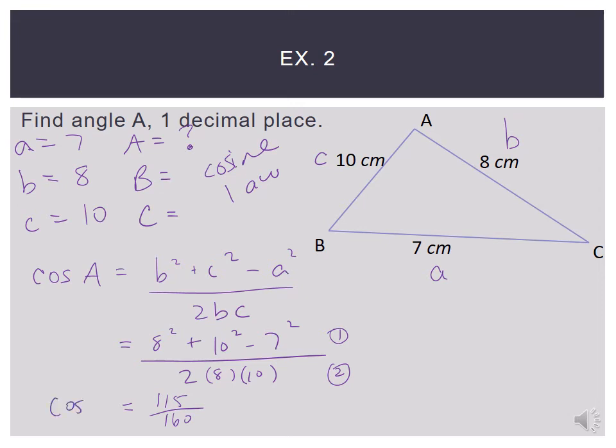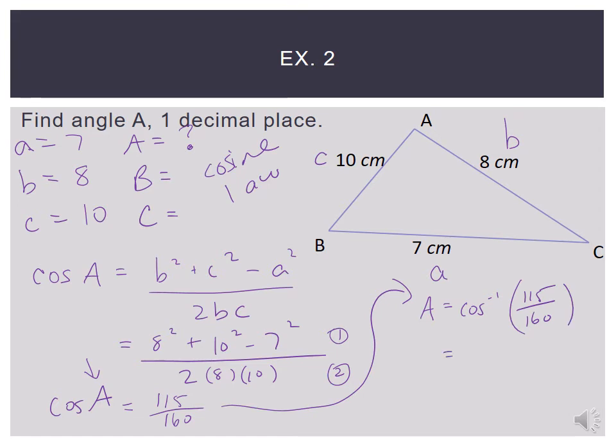And remember that's cos A. So you don't type in cos of 115 over 160. You have to remember whenever you're looking for an angle, you have to do the cos inverse. Use the shift button or second function depending on your calculator. So capital A equals cos inverse 115 over 160.